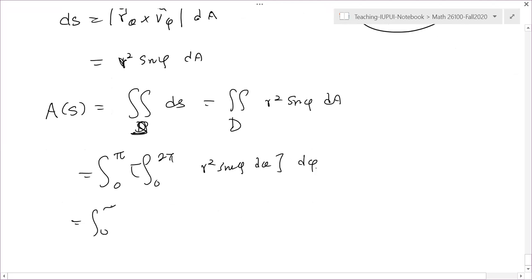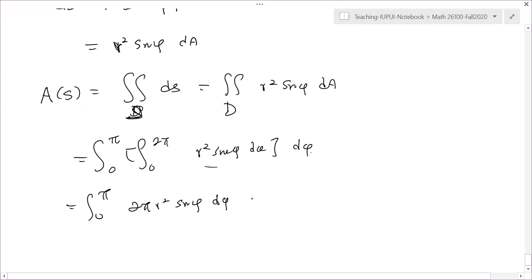The integrand is independent of theta, so it's 2 pi r squared sine phi d phi. Then the antiderivative of that is negative cosine phi, and evaluating at the endpoints, I get 4. We get the area of the sphere.